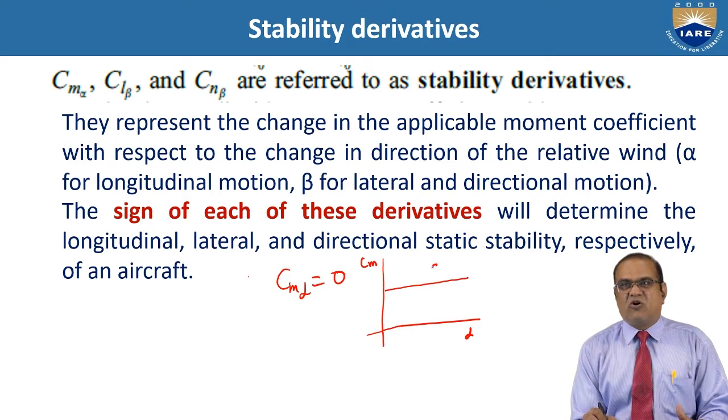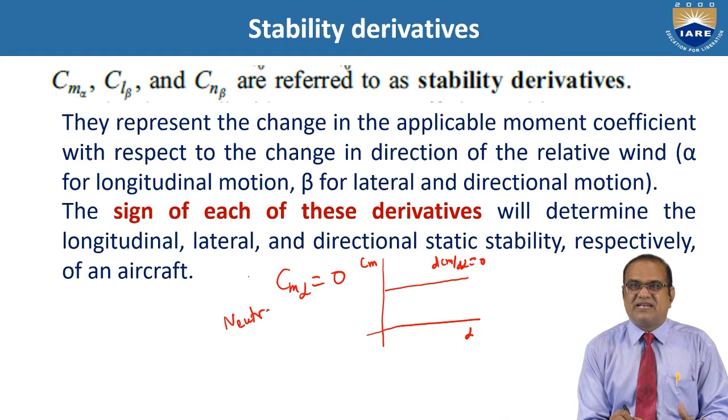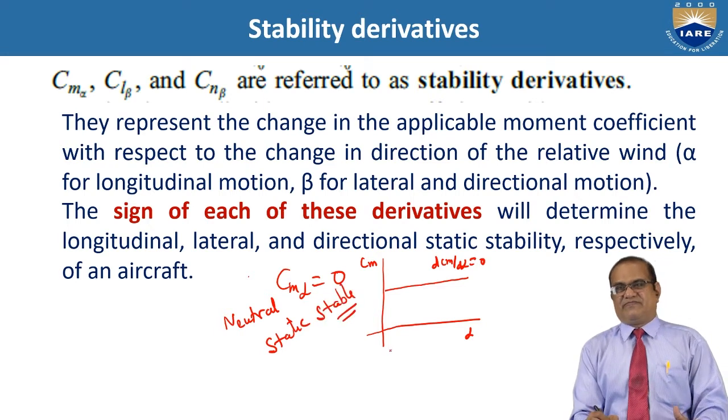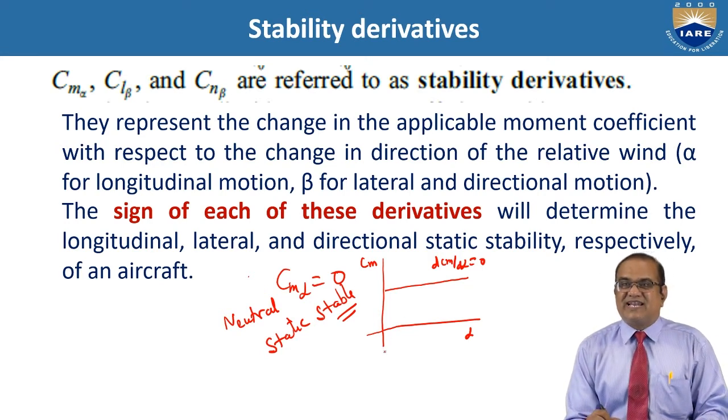So here the slope is 0. There is no slope. So if it is like this, then it is neutral static stable.